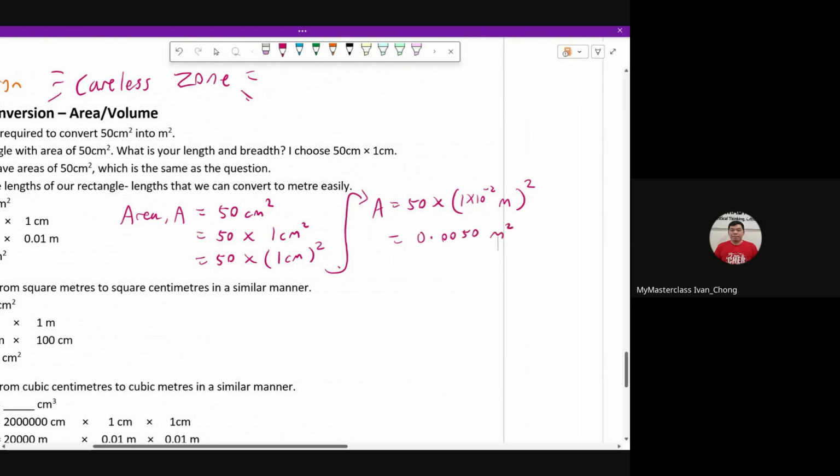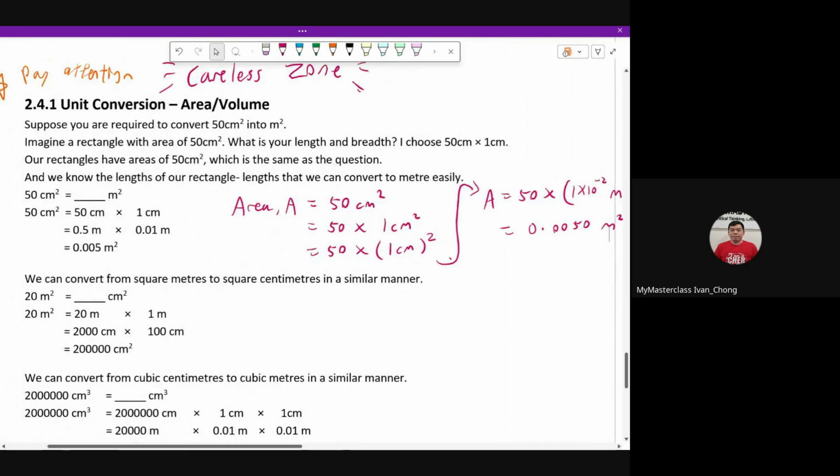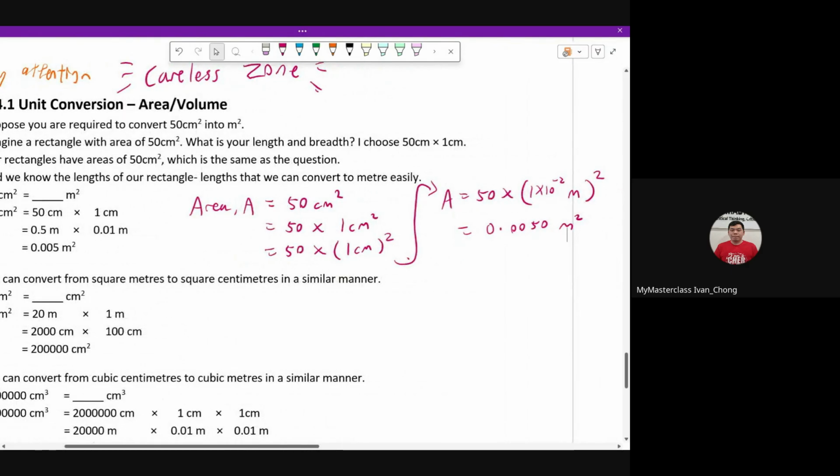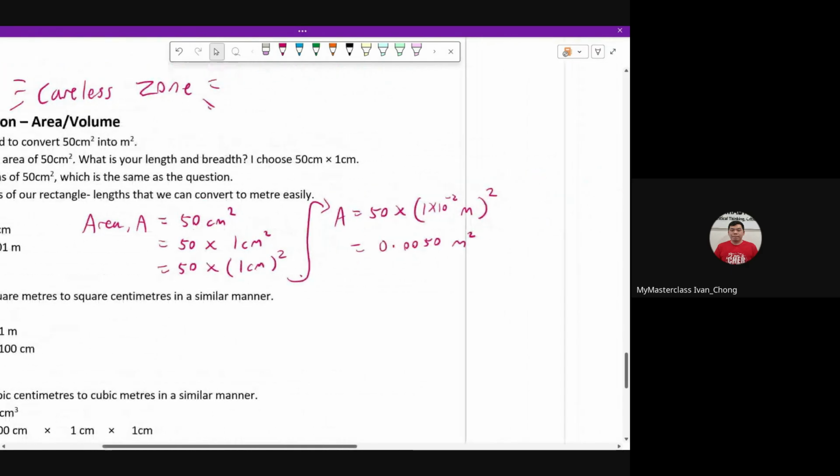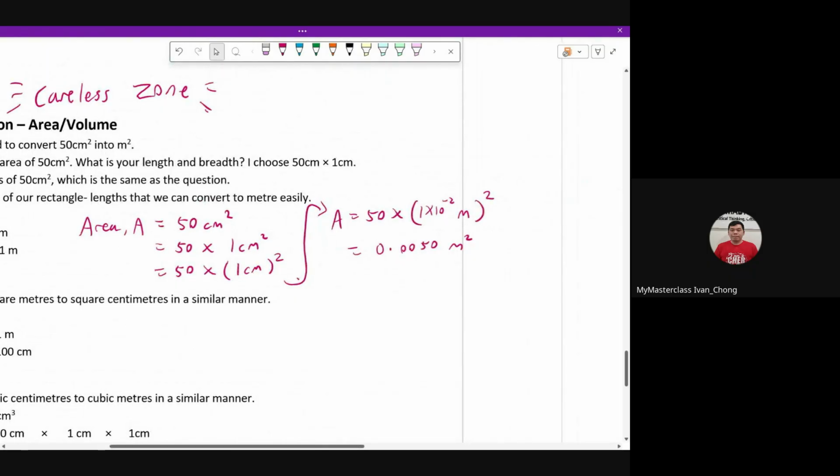A lot of students, when they do this step, they just divide by 100. So try to avoid this, because a lot of them will just times 10 to the minus 2 one time. But don't forget, there's a square. So anytime you have a square, whenever you times and divide accordingly, you need to square the entire thing.